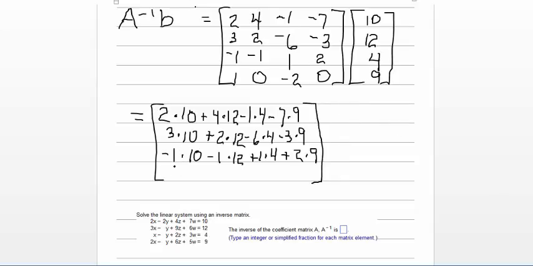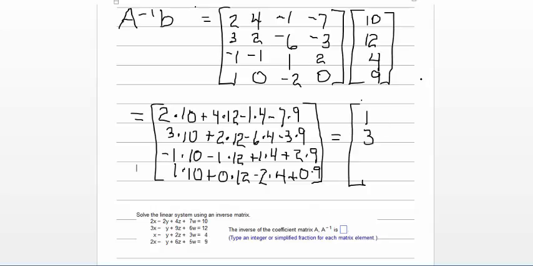And we also multiply the fourth row of the inverse matrix by the column matrix. And we get these listed calculations. So we wind up with another column matrix. So a 4 by 4 matrix times a 4 by 1 matrix gives us a 4 by 1 matrix.